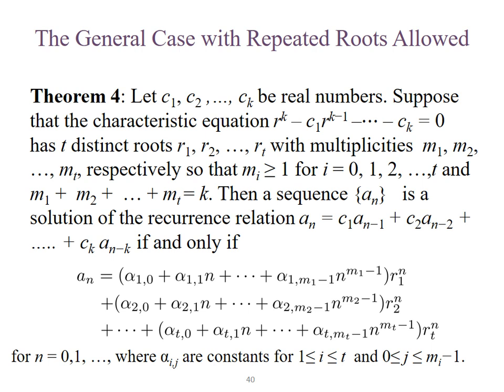But now we have distinct roots r1, r2 to rt with multiplicities n1 to nt respectively. And we know n1 plus n2 plus up to nt equals k. Maybe we can have an example to help you understand these notations.